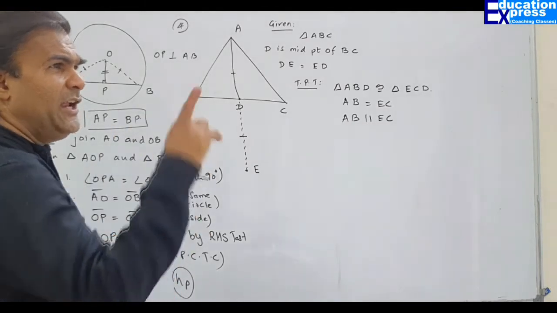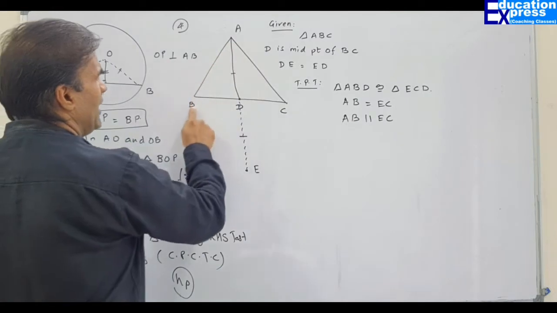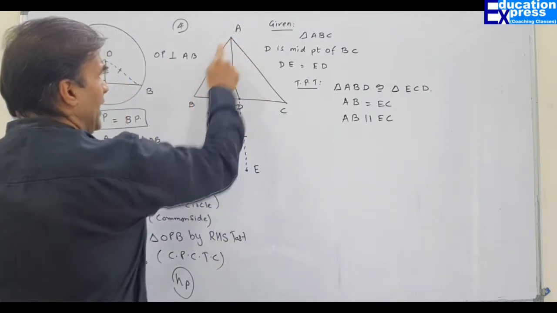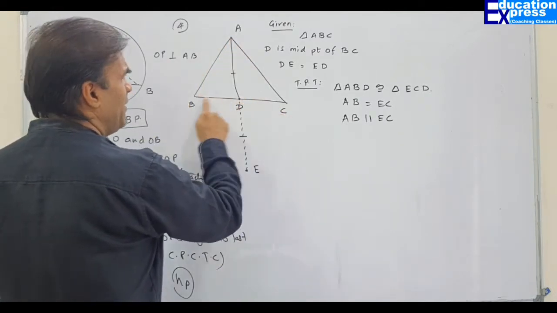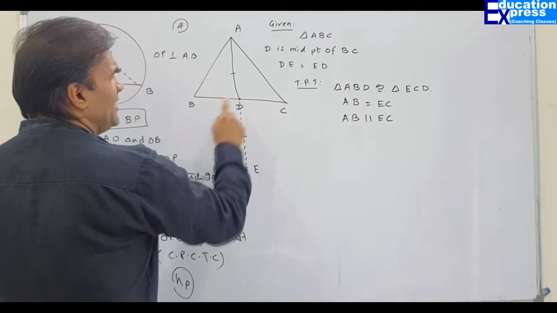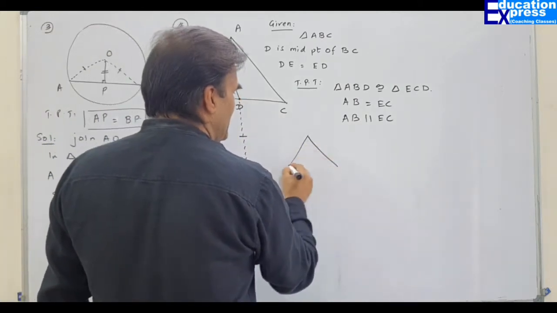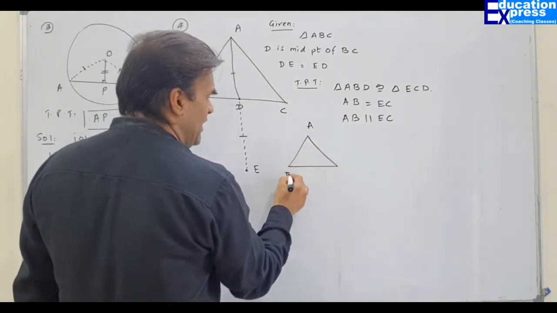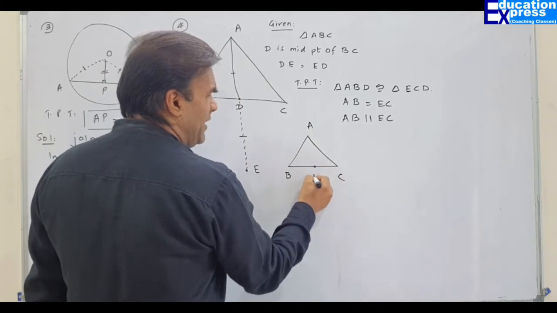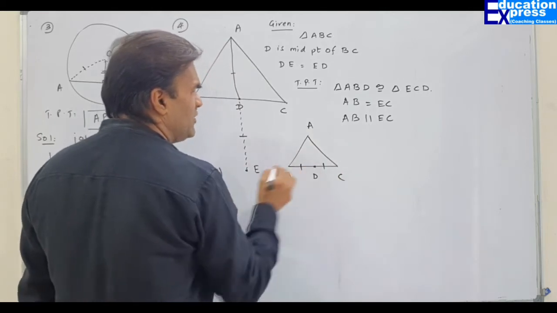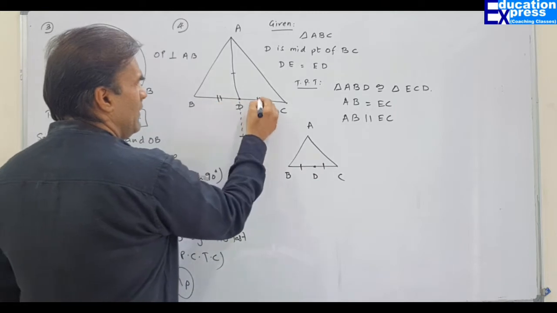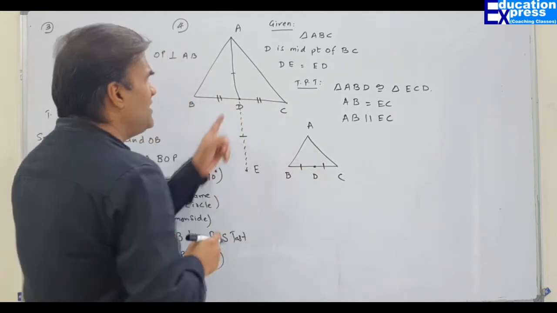They are saying that in triangle ABC, so I have drawn triangle ABC, D is a midpoint of BC. So these two sides are going to be equal because D is a midpoint. What does a midpoint do?